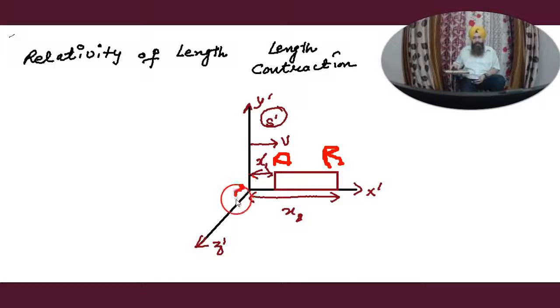This is point O. The rod is placed along the axis O dash X dash, O prime X prime.